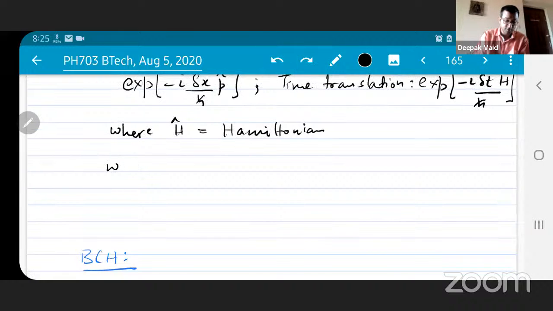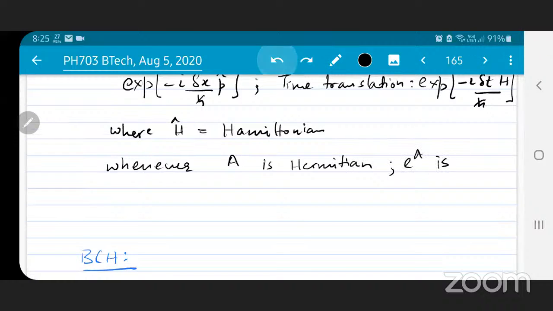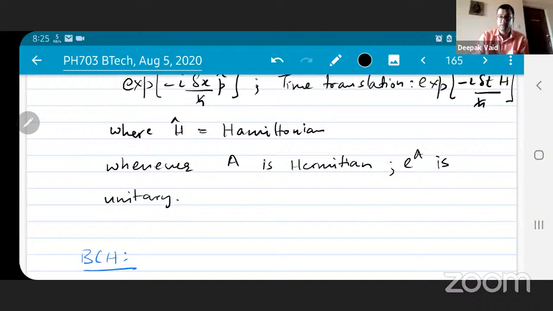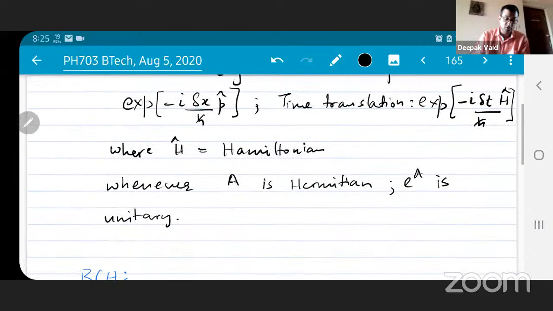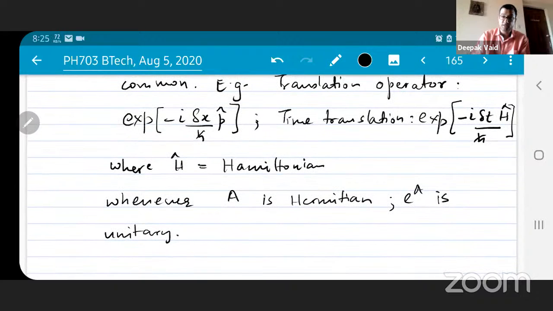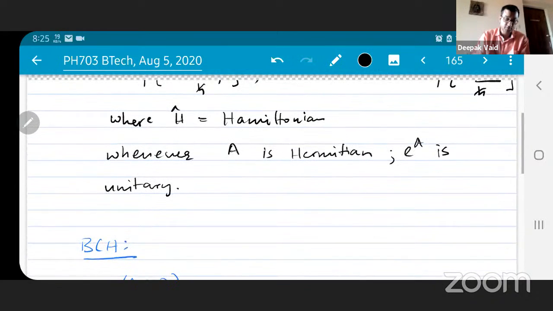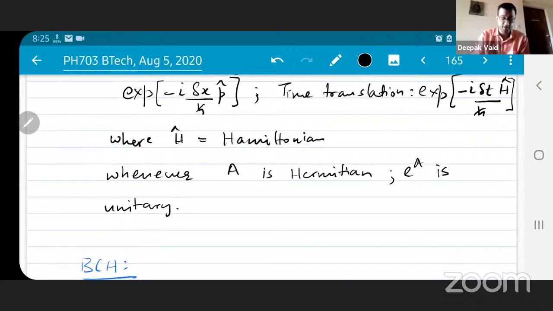So whenever you have a Hermitian, this is unitary, and so one can see, right, that there are many other examples of these operators.